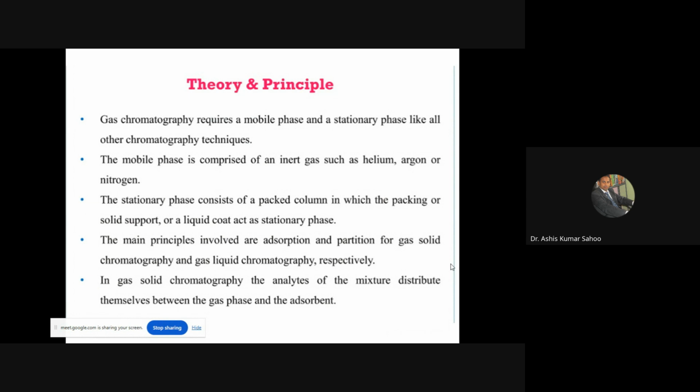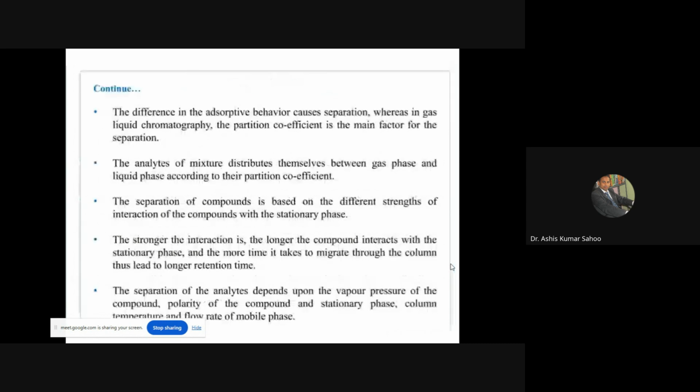In gas-solid chromatography, the analytes of a mixture distribute themselves between the gas phase and the adsorbent. The difference in adsorption behavior causes separation, whereas in gas-liquid chromatography, partition coefficient is the main factor. The analytes of a mixture distribute themselves between the gas phase and the liquid phase according to their partition coefficient.